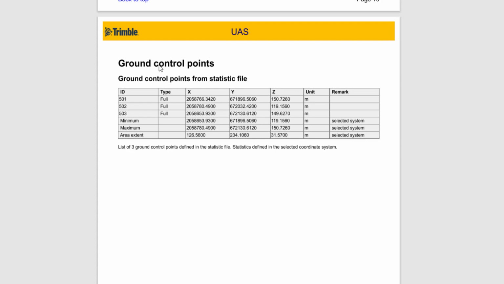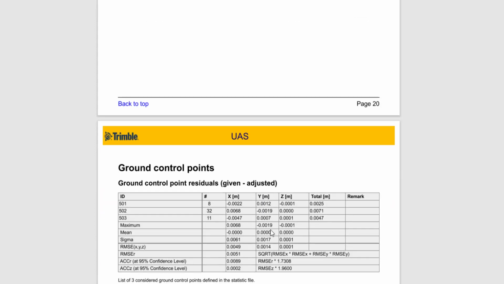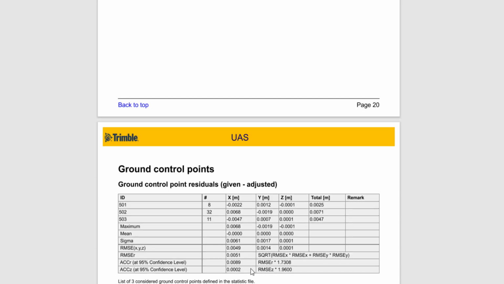Then we also have a list for our control points. They are listed in the report file with their accuracies, and they fit very nicely, almost too good, because we added them with very strong standard deviations.